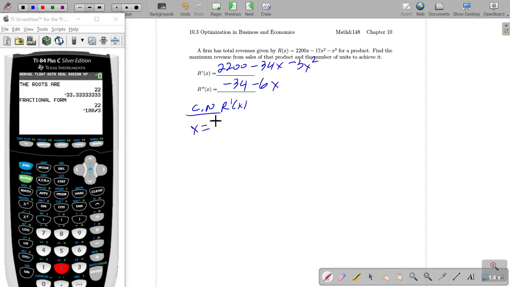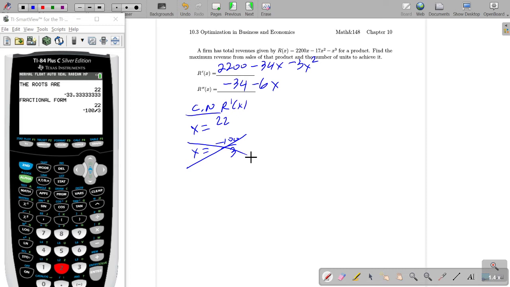So x equals 22, or this other one, and I'm not even going to worry what that one is, because what would the domain of this be? If it's the number of units produced, you don't produce negative units. So it makes no sense.